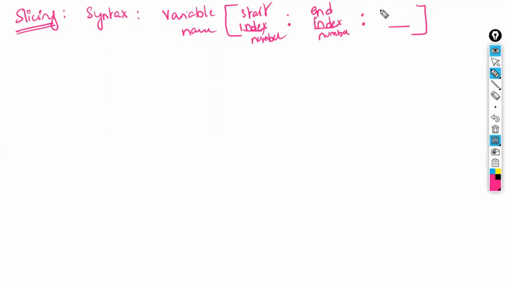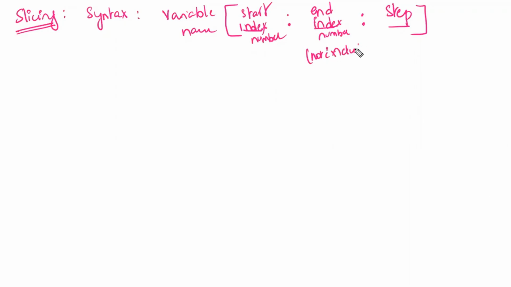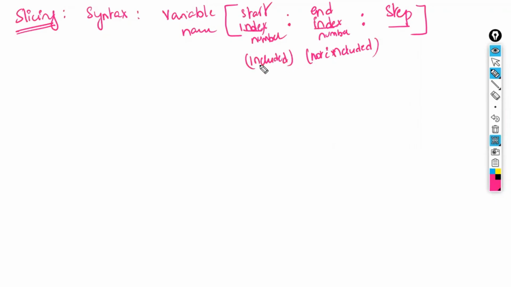The next one is the step, whether you want to increment or decrement, that is, increase or decrease. By default, the end number is not included, whereas the starting number is included.